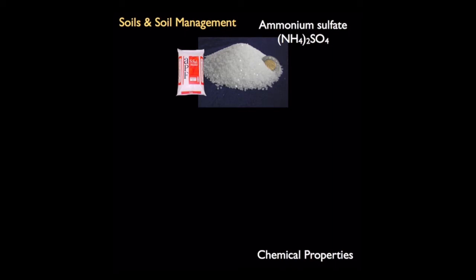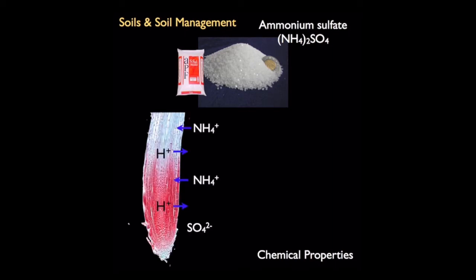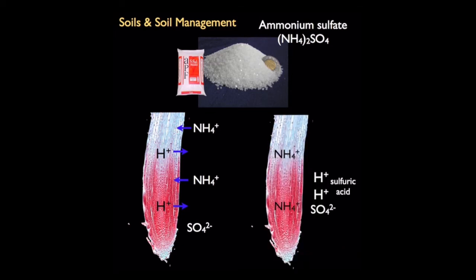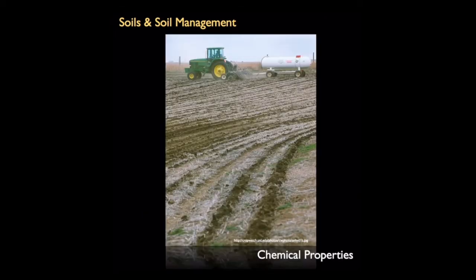During incorporation, an ammonium ion is converted into free ammonia as it traverses the root cell membrane, and the remaining hydrogen ion is left in the soil solution, forming sulfuric acid and acidifying the surrounding area. Liquid ammonia is a cheap and effective fertilizer that has been widely used in the U.S. Corn Belt.